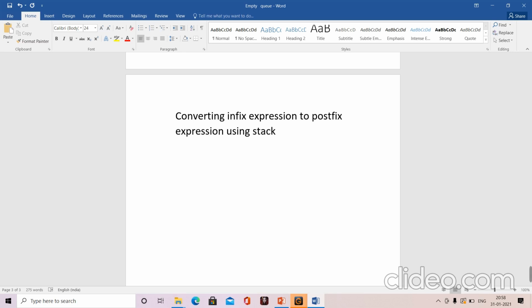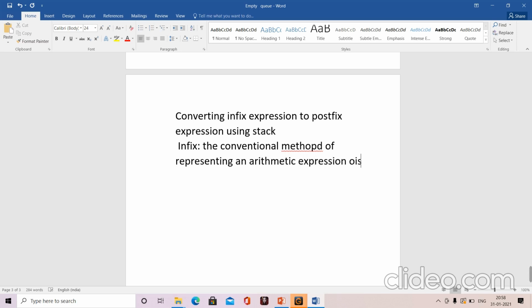Infix means the conventional method of representing an arithmetic expression is called infix.